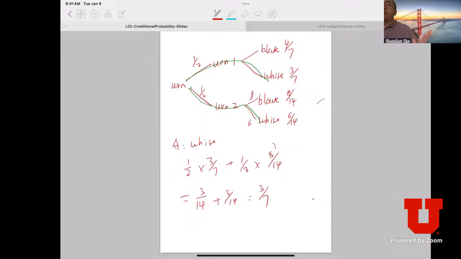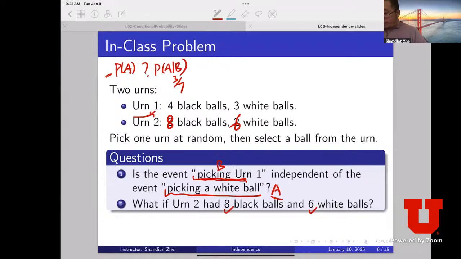Again, you can verify this afterwards if you don't feel caught up, but it's straightforward. So now we have the marginal probability of A is 3 over 7.